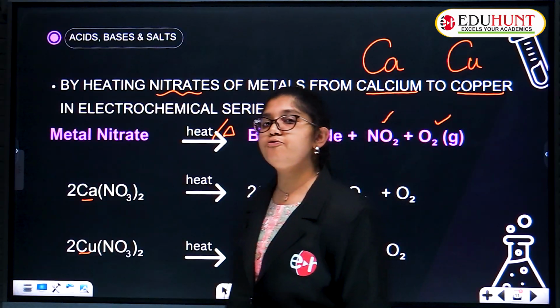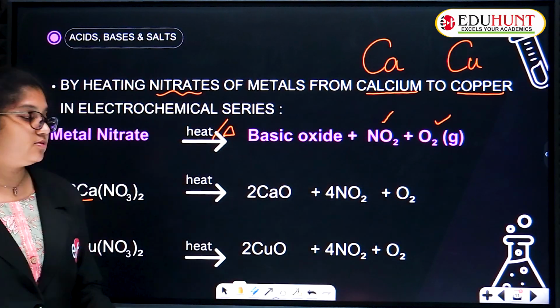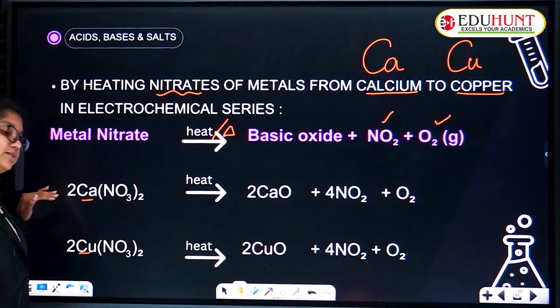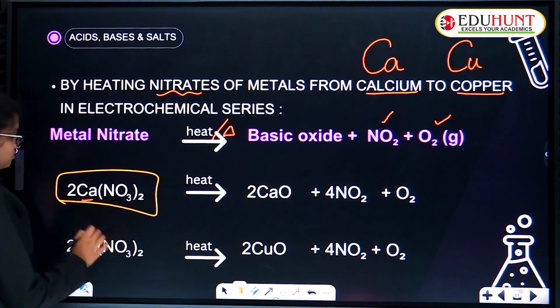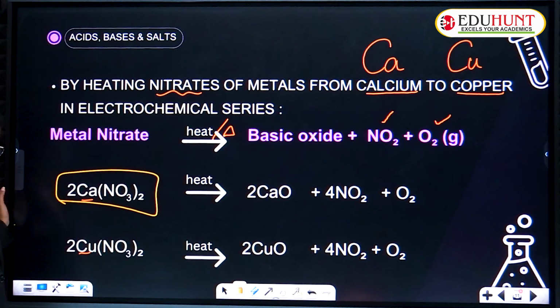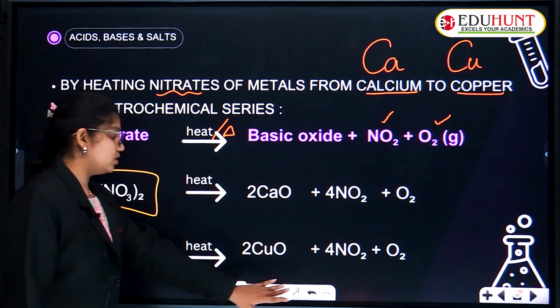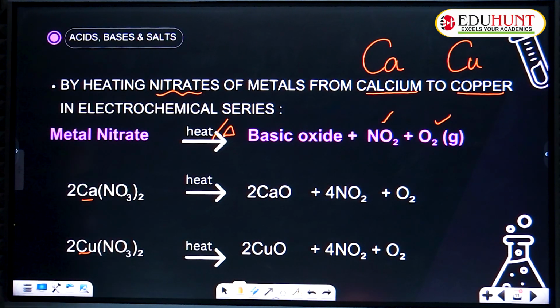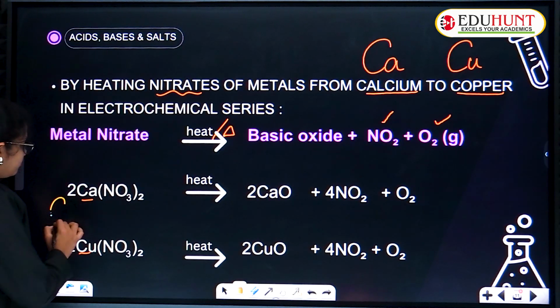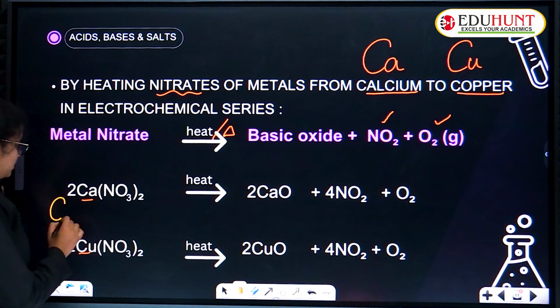What is the name of Ca(NO3)2? How do you read this formula? Leave the 2 in front; it is just for balancing molecular equations. Ca(NO3) twice. Very good.